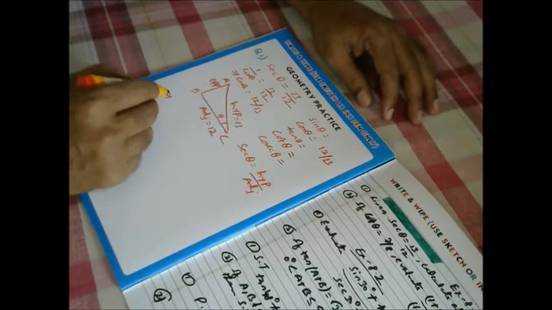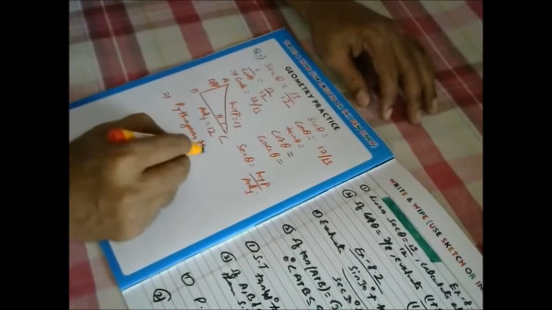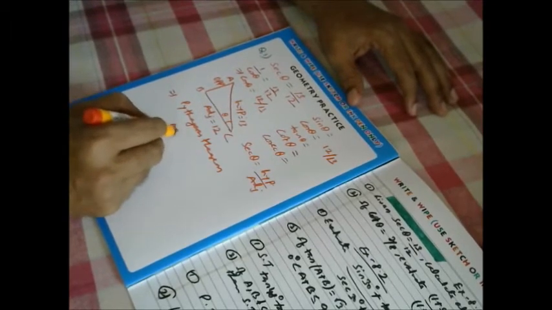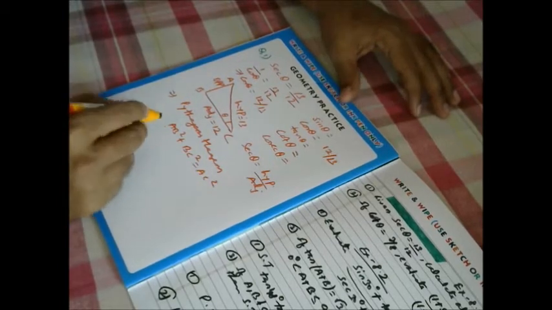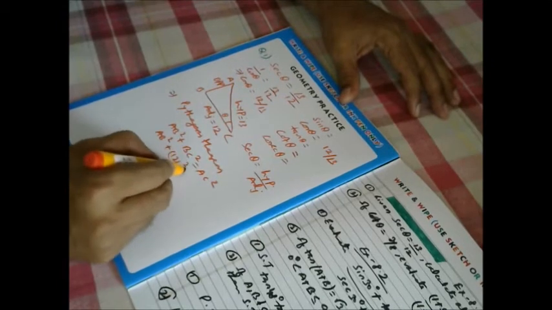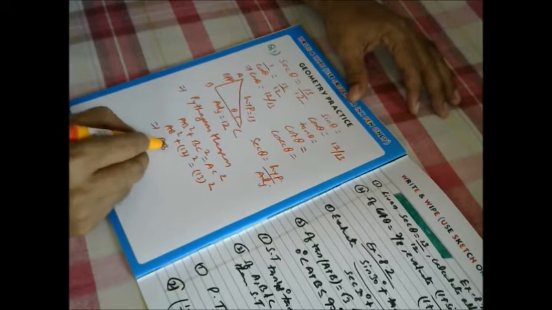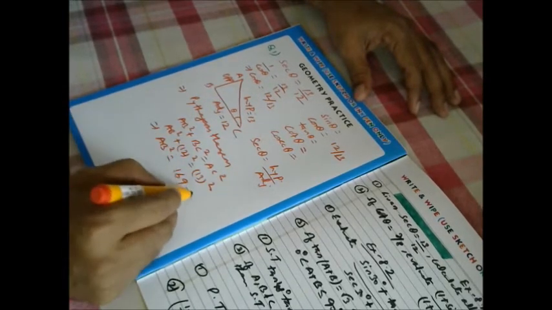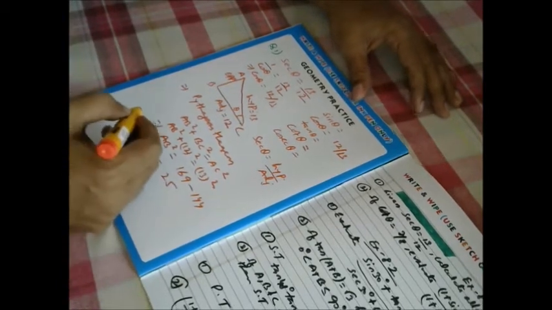We know that in a right angle triangle, by applying Pythagoras theorem, AB square plus BC square is equal to AC square. So AB we do not know, plus BC we know, 12 square, and AC also we know, that is 13 square. So AB square is equal to 13 square, which is 169, minus 12 square, which is 144, and here it is becoming 25, right?